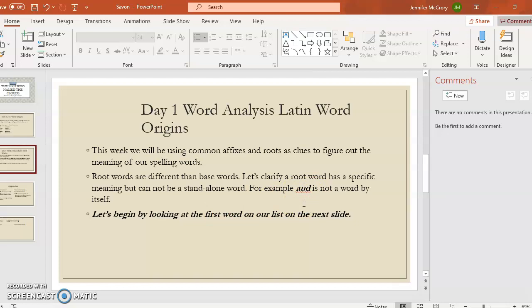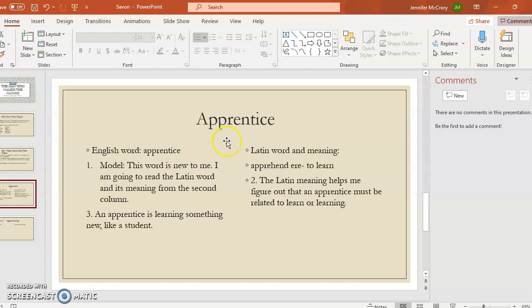They would look at you kind of like you were crazy, okay? So let's begin by looking at the first word on our list on the next slide. And this may be all we have time for today, but that's okay because we'll get the other ones later on this week.